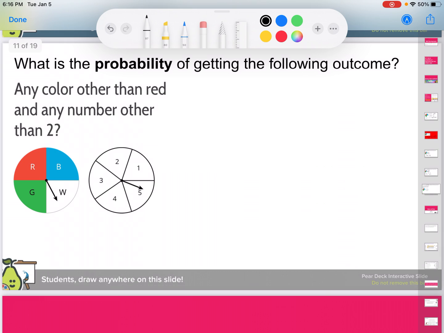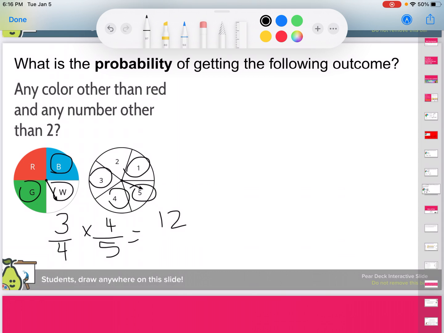What is the probability of getting the following outcome? Any color other than red. So that would be 1, 2, 3, so 3/4, times any number other than 2. So that's 1, 2, 3, 4.